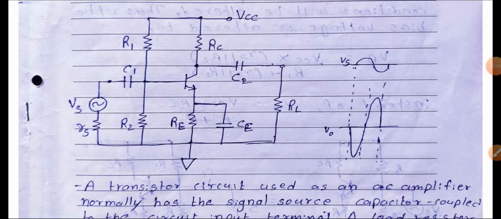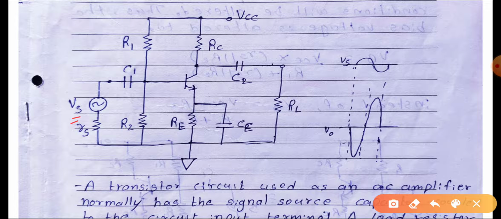So these are coupling capacitors. These are used to couple the input voltage to the circuit. Why is this capacitor used to couple the input voltage to the amplifier circuit?